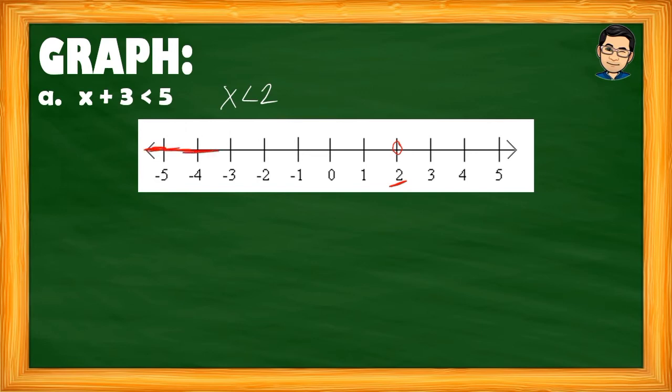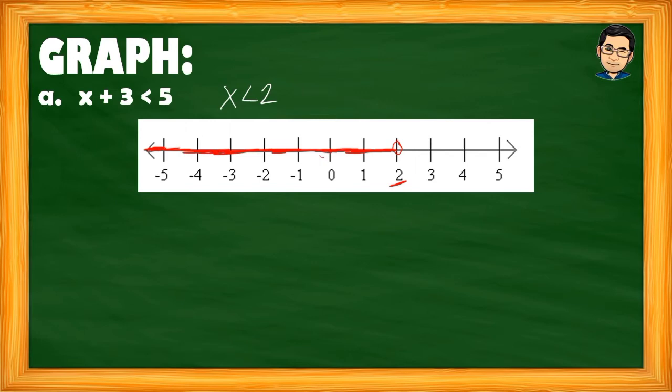Ayan. Kagaya po ng aking ginagawa, to show the solution of x is less than 2. Hindi po natin pwedeng markahan yung sa right side ng 2, it's because hindi naman po yun ang kanyang solusyon.